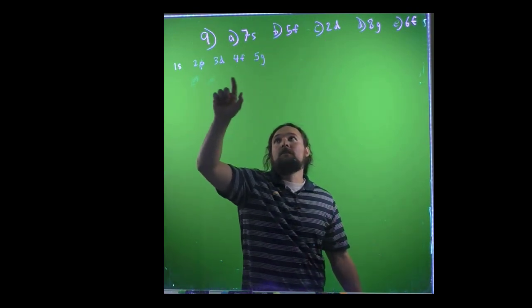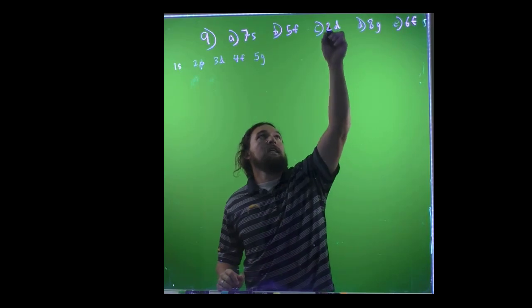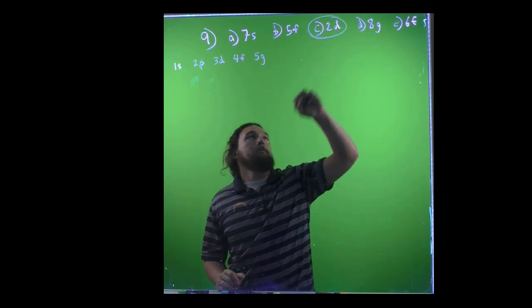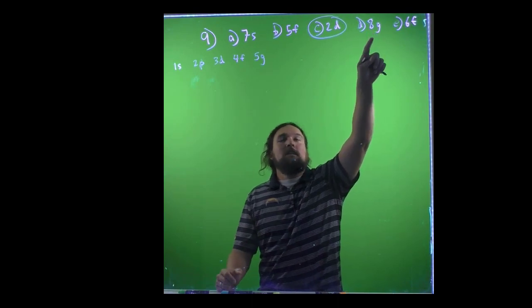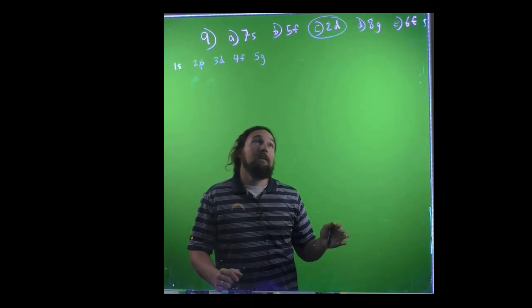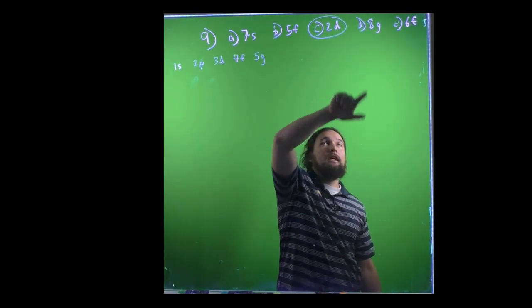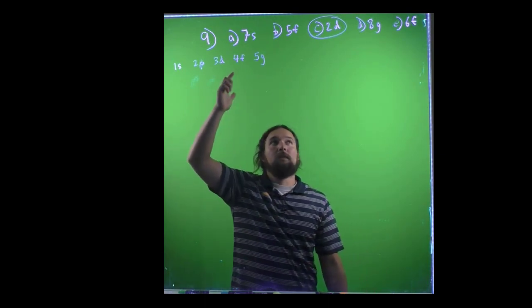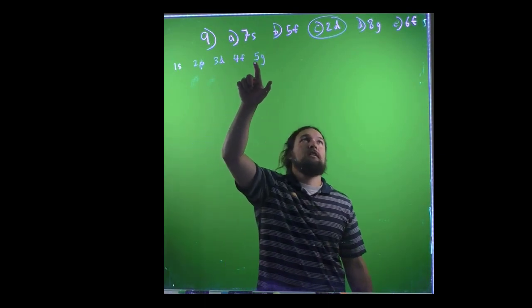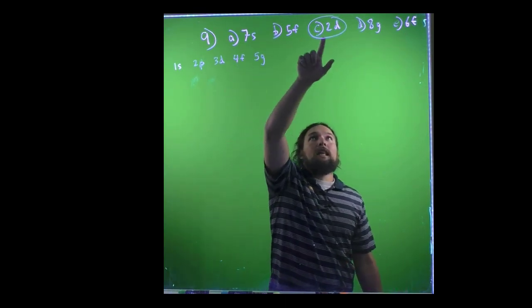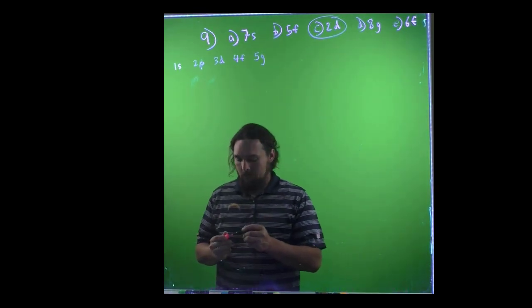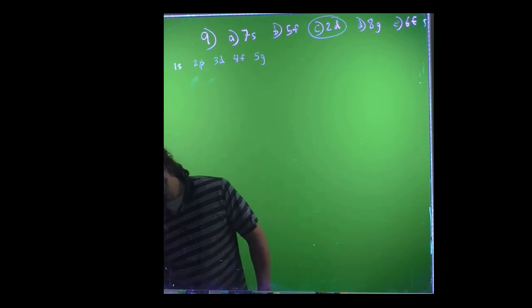D starts off at 3, so there's no such thing as a 2d orbital, so that would be the answer. But just to verify, is there an 8g? I mean, we don't have any elements that fill the 8g in the ground state, but there could be something that goes up to the excited 8g state, since g starts at 5. Once again, 6f, it starts at 4, so that's why the answer for this problem is 2d.